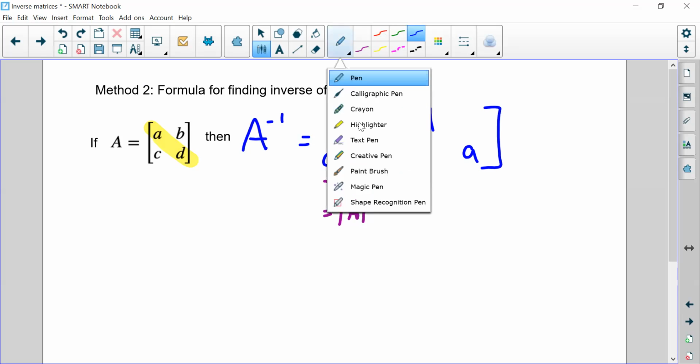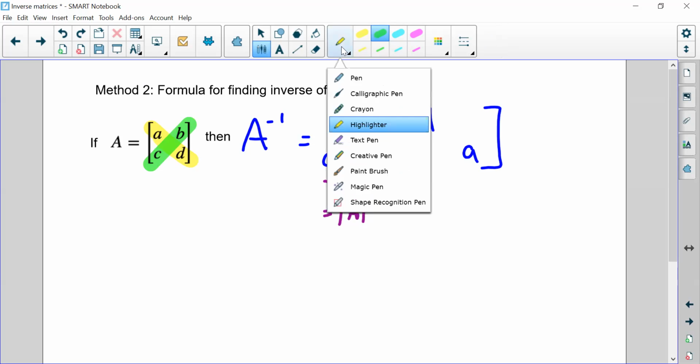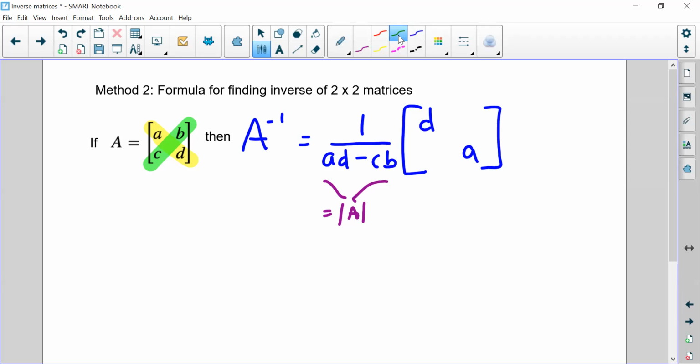On the diagonal up, C and B, you're going to negate those numbers. So that becomes -C and -B, the opposite of what's in the C and the opposite of what is in the B. So you negate them. And that is going to give us our inverse.